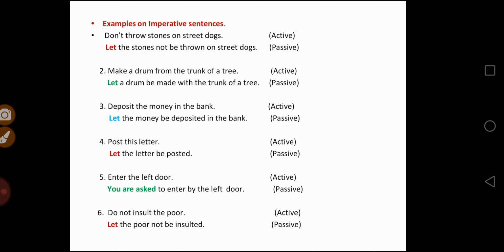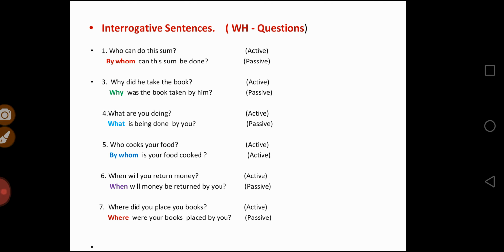Let the money be deposited in the bank. Post this letter. Let the letter be posted. Enter the left door. You are asked to enter by the left door. Do not insult the poor. Let the poor not be insulted.